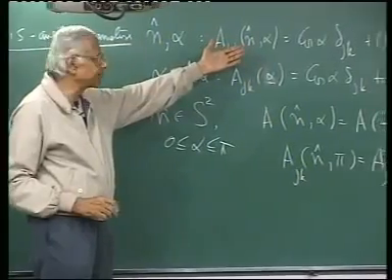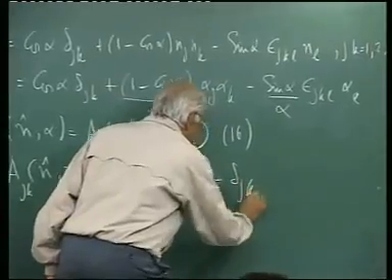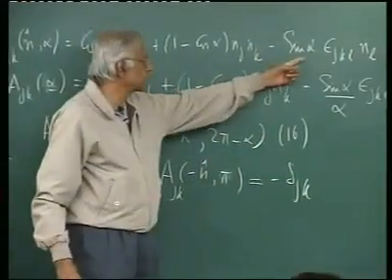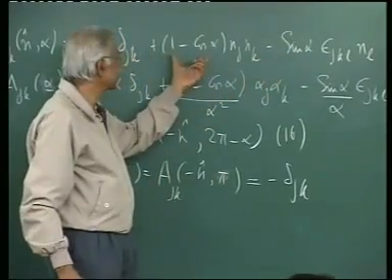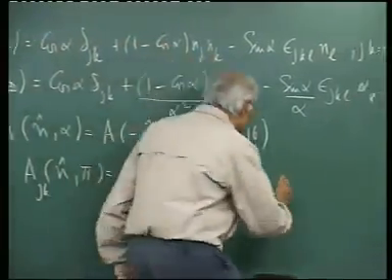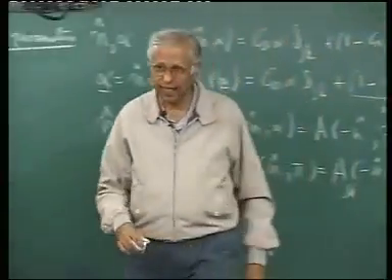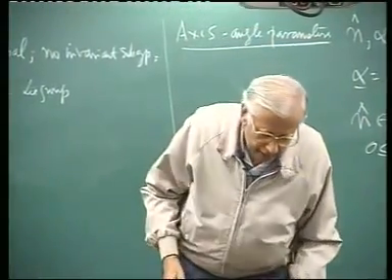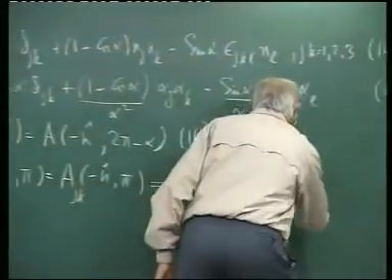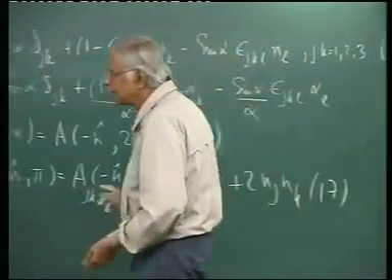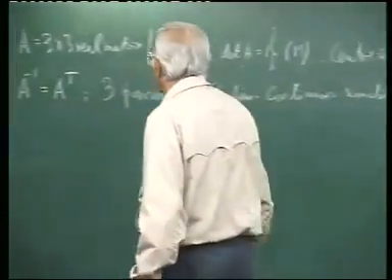What do I get? Please dictate to me. Minus? Yes. This term, does it stay or go? This goes, this goes. And this one? Plus 2 nj nk. And you see it is quadratic in n, which is exactly what you said, that the two are the same. So here is a very delicate problem.